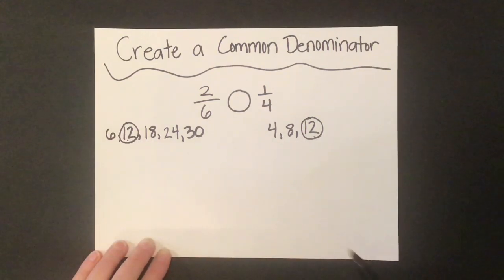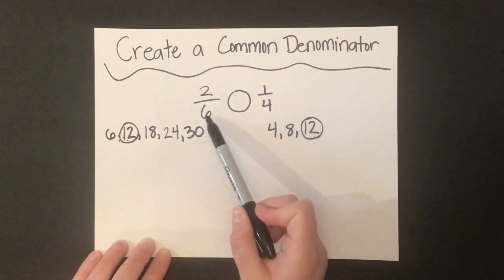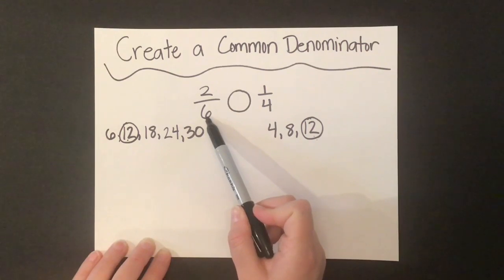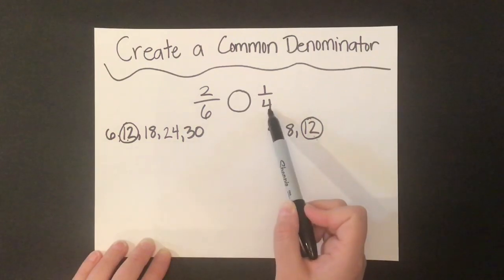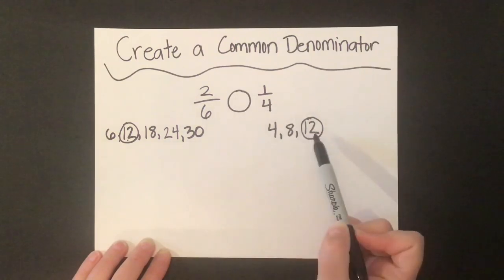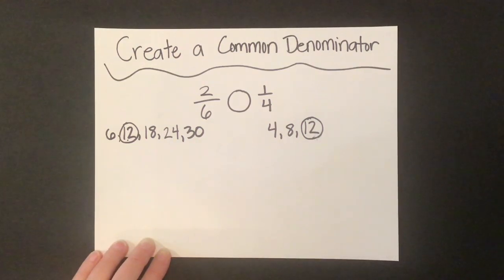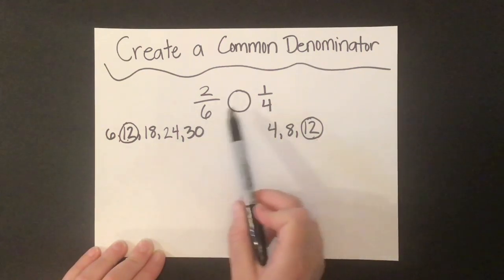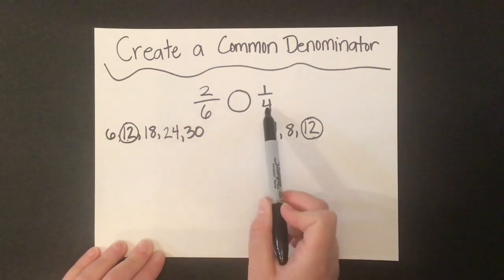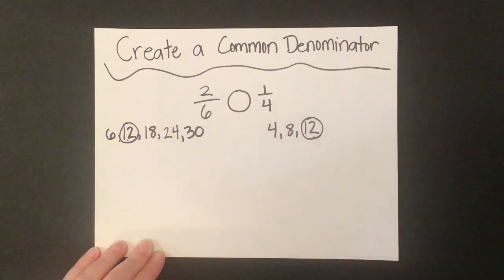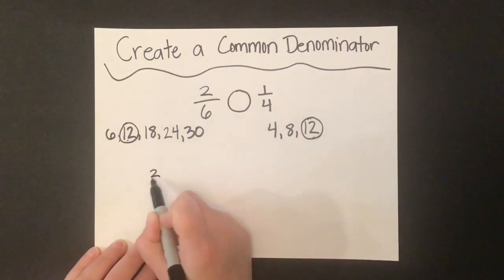The reason we do that is because that means that 2/6 has an equivalent fraction with 12 as a denominator, and 1/4 has an equivalent fraction with 12 as a denominator. So we can change the names of these fraction amounts. They'll have a common denominator of 12, and if they have the same denominator, then they become very easy to compare. This is like what we did earlier.